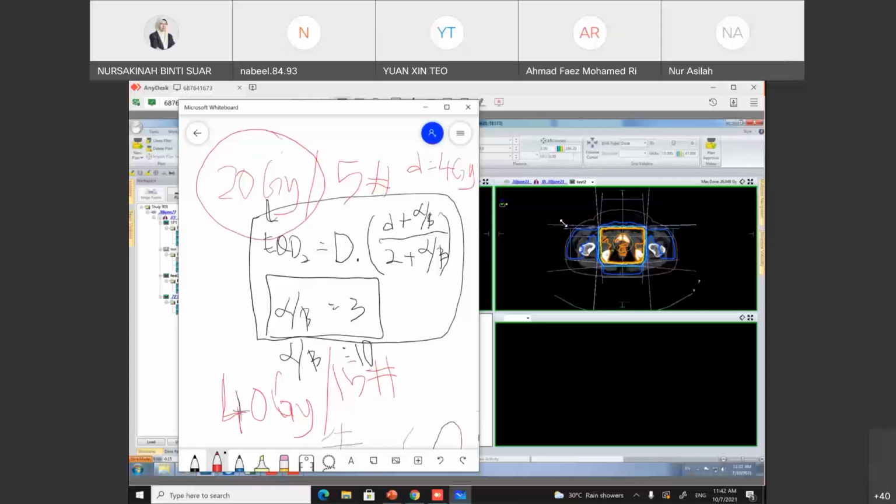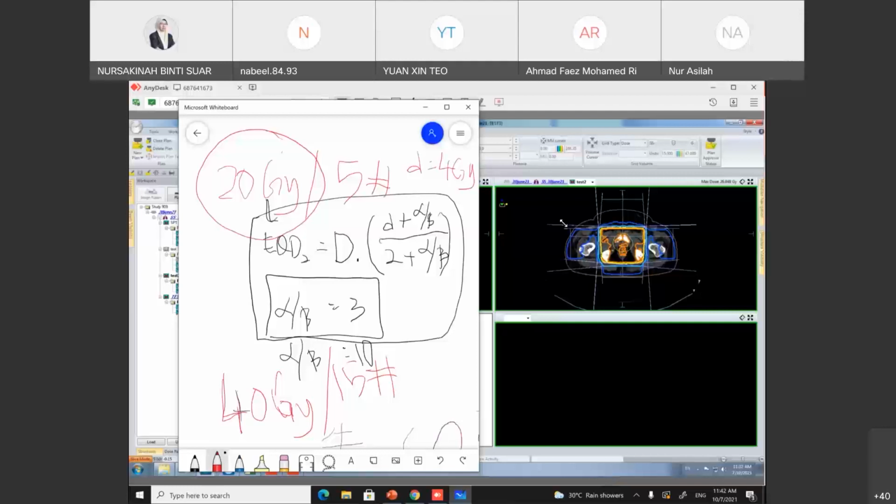So for this case, you evaluate the OAR, because this one is a very serious effect to the patients. If the serious organ is already injured compared to the tumor, the patient has no more quality of life, even if they already cured the tumor.